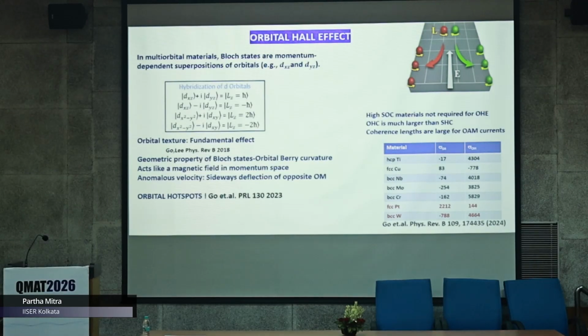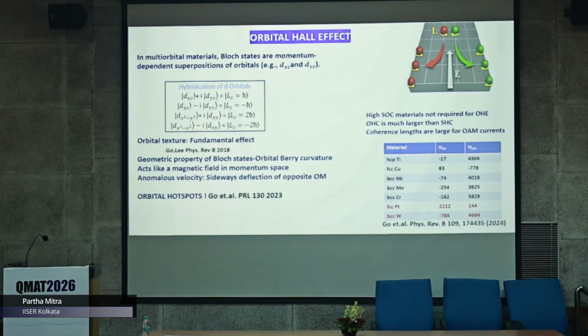So now, what is orbital Hall effect? Orbital Hall effect, as I said, is very difficult to understand unless you get into all the theory of Berry curvature, but I will try as an experimentalist to explain. The idea is, if you have multi-orbital materials like the transition metals, the Bloch states are momentum-dependent superpositions of the orbitals.